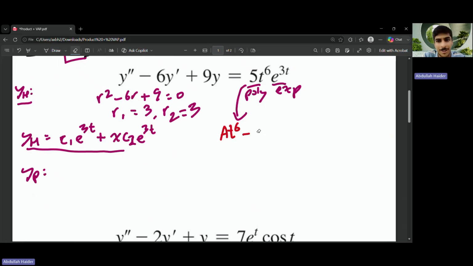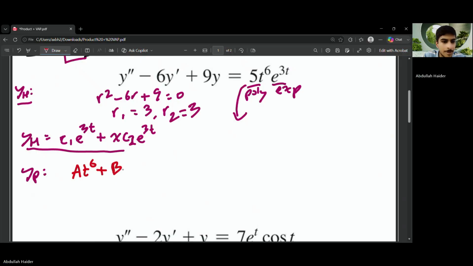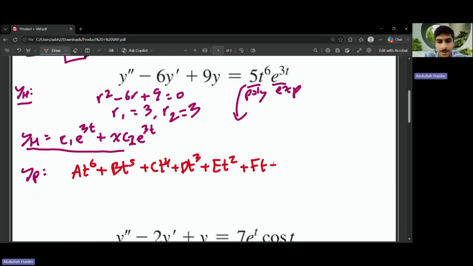You get what I mean. You have to write the highest order expression for the polynomial. So it will be At power 6 plus Bt power 5 plus Ct power 4 plus Dt power 3 plus Et squared plus Ft plus G. This is the YP for polynomial.